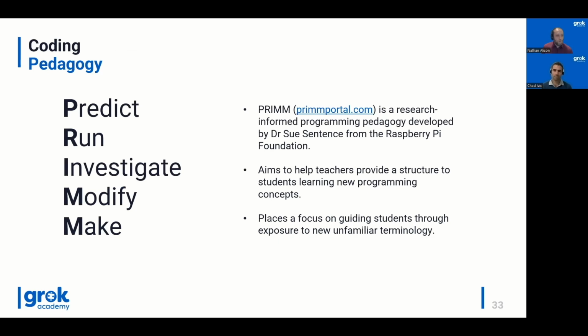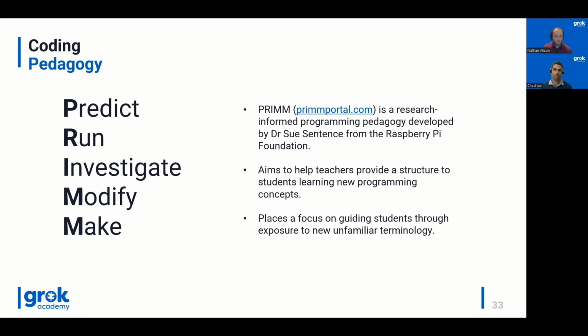So one of the ones that's used these days quite a lot is called PRIM: predict, run, investigate, modify, and make. It is a research-informed pedagogy, and it basically helps students to have a structure for how students can move from just being able to use someone else's program to actually being able to write their own programs.